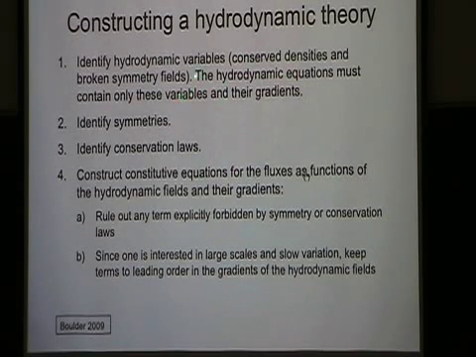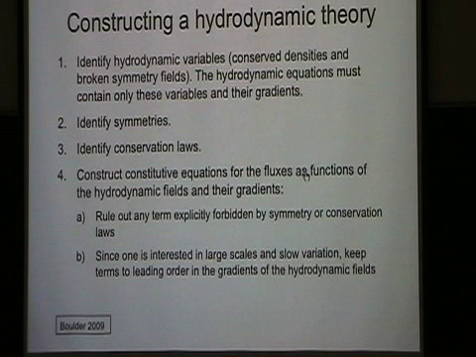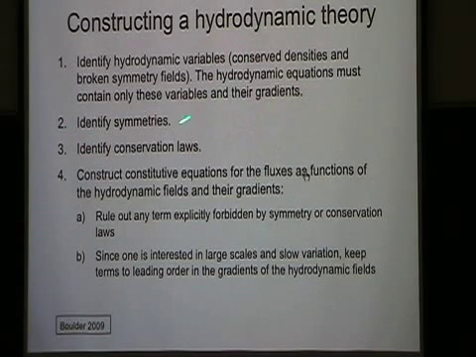And the other important assumption is that I want to construct a set of hydrodynamic equations that, by assumption, will only contain these hydrodynamic variables and their gradients. They have to be closed equations in these variables. So how do I do this? Well, I first identify the symmetries of the system and the conservation laws.